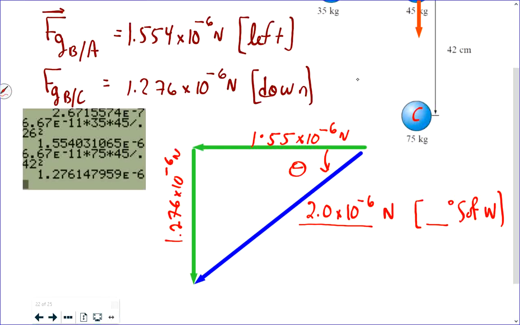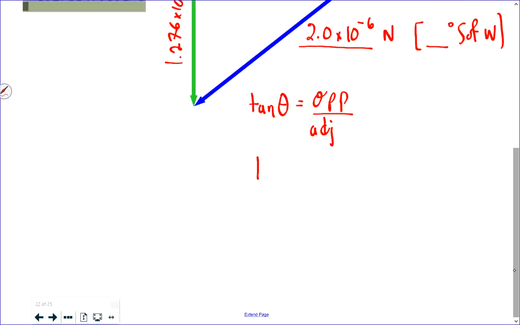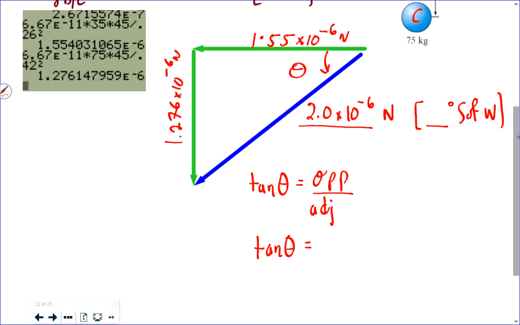So let me write out what we have to do here. What you would do is you would say tangent of the angle equals the opposite side over the adjacent side. The opposite side, when we look at our triangle, is the one opposite to this angle, 1.276 times 10 to the negative 6.